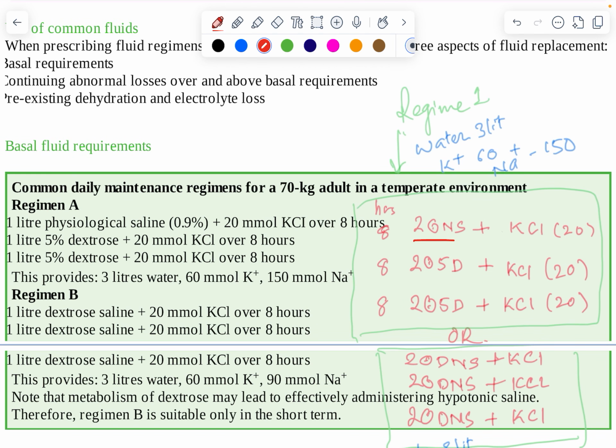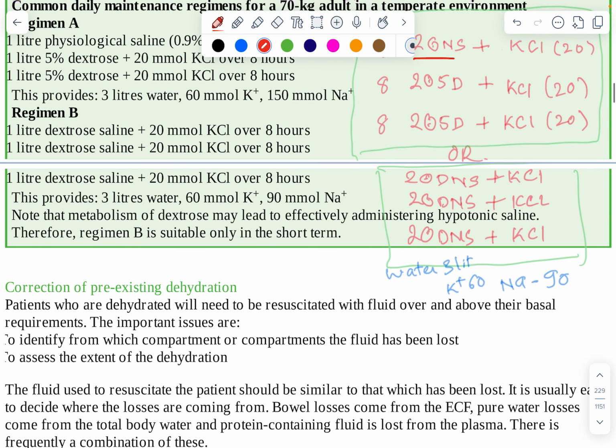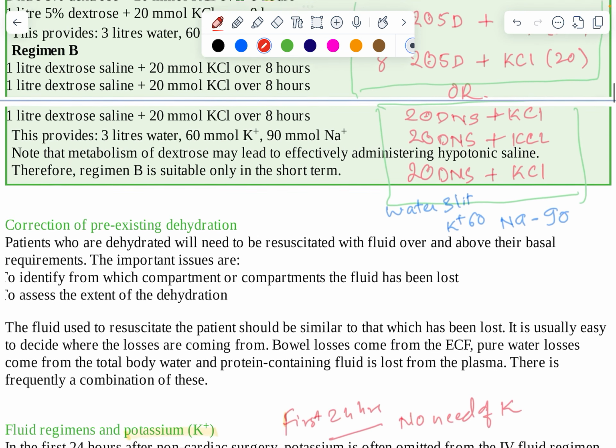Then you give 1 liter of dextrose, and add potassium 20 again. You supplement 20, 20, 20 potassium. Another regime is 1 liter of dextrose saline plus potassium for 8 hours, called dextro normal saline. So roughly 3 liters has to be provided.